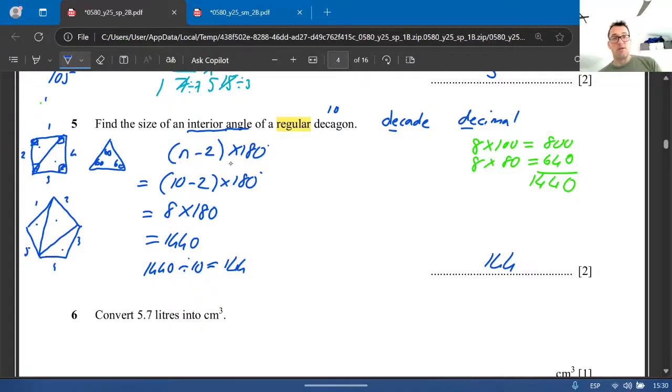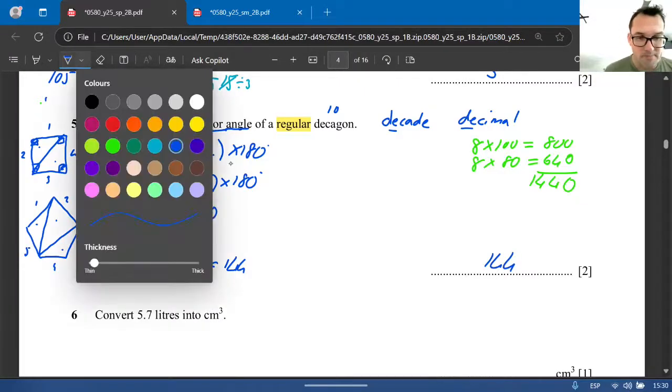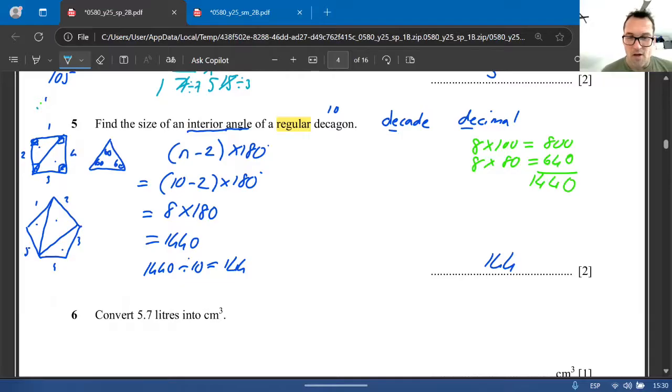Okay, pretty straightforward, but there is an easier way, using the exterior angles. Of course, exterior angles always add up to 360.